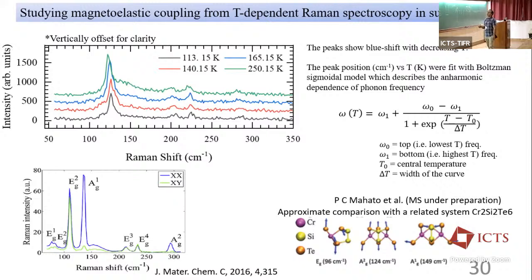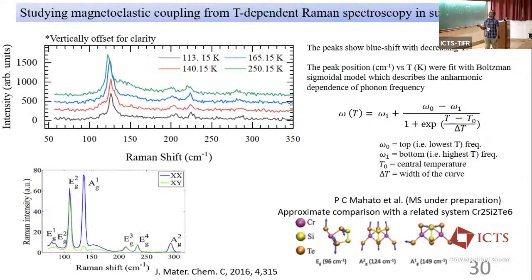We also did Raman scattering in these systems as a function of temperature. For different temperatures, you can see the breathing and the shearing modes, and these have a shift with temperature, which is expected.